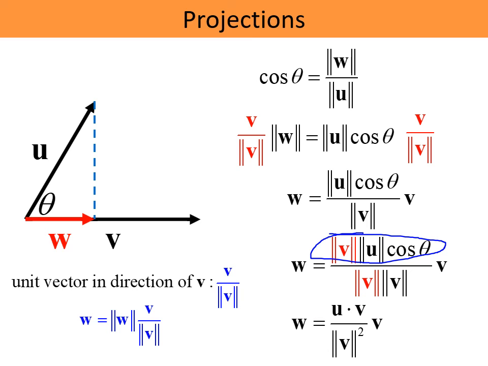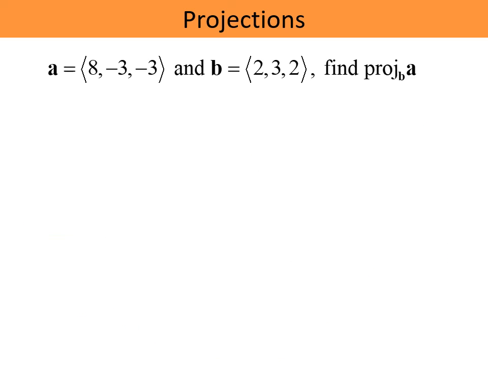Now again, the important thing is to remember that this projection of u onto v is always some multiple of v. That multiple happens to be the dot product divided by the magnitude squared. Now I'm using completely different letters in the example just to illustrate it's not what letters you have, but what's projecting where that's important.